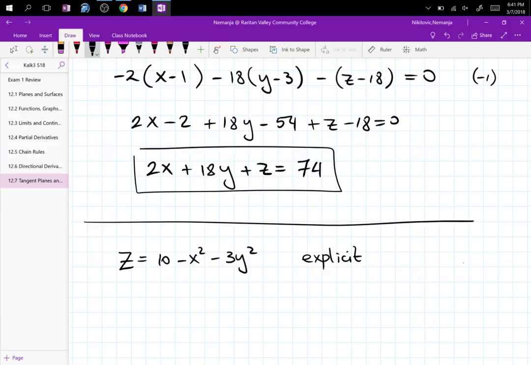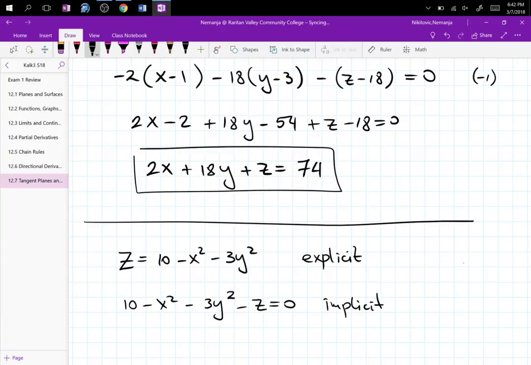But you also have what we call the implicit form of a function, when you put all of the variables on one side and have it equal to 0. So 10 minus x squared minus 3y squared minus z equals 0 is known as an implicit function.